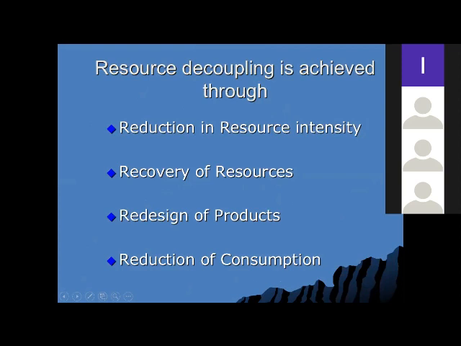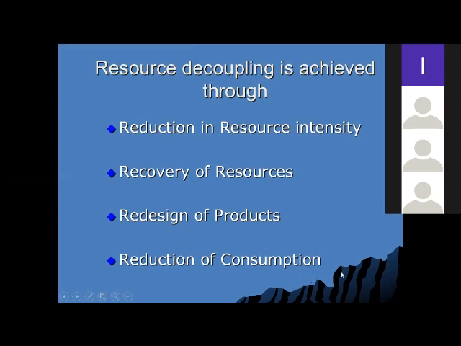So resource reduction achieved through resource decoupling is necessary. So reduce resource intensity, recover and reuse, the 3R: reduce or redesign the production, factories and all, and reduce consumption.